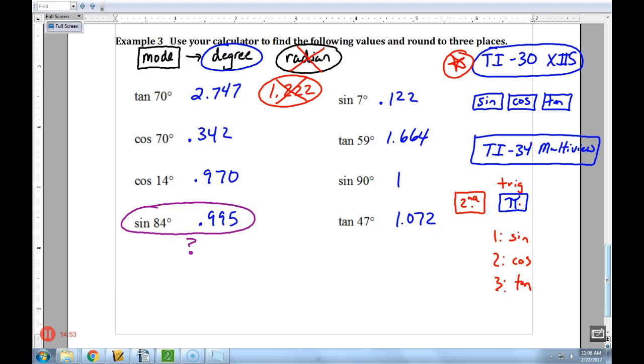What it actually means is, if I have a triangle with an angle of 84 degrees, which is really, really steep, and I'll make it a little longer. If I have a little triangle like this, and I'm trying to draw it so this is 84 degrees, close to 90. The sine of 84, remember sine is opposite over hypotenuse, SOH CAH TOA.